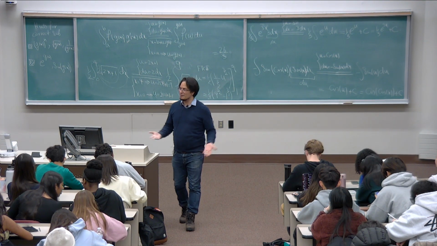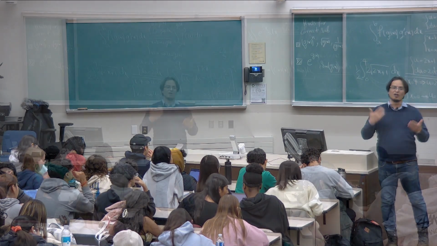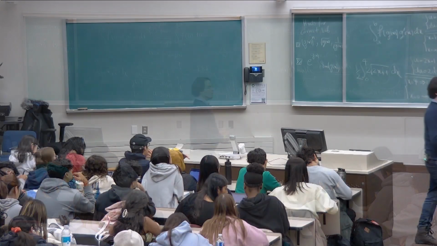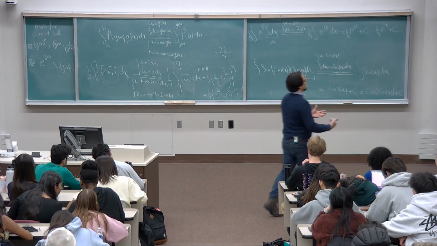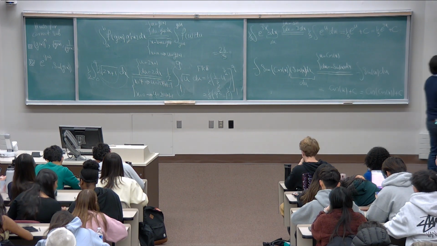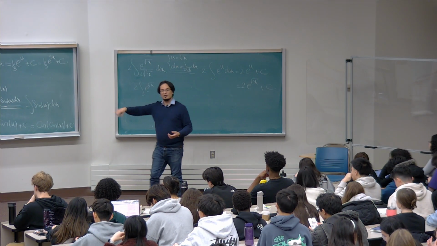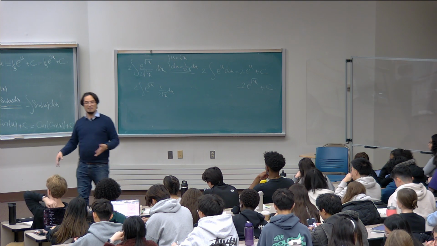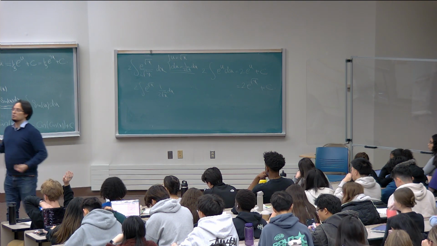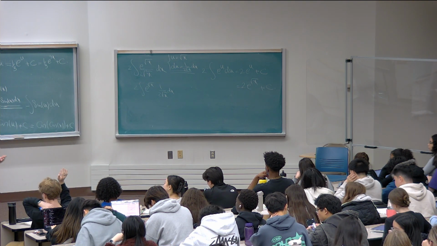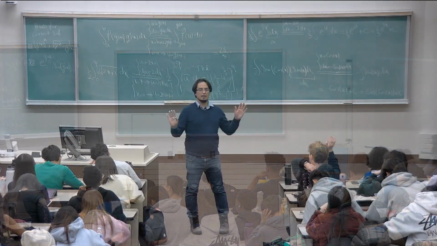In an indefinite integral, your final answer should be a function of x. That's why we have to change it back to x at the end. Here, it's a number. You found it. You can go ahead and leave it as is.